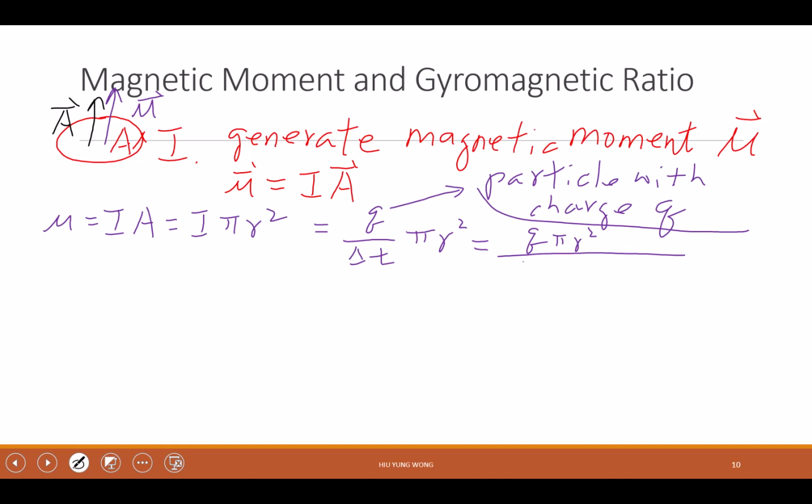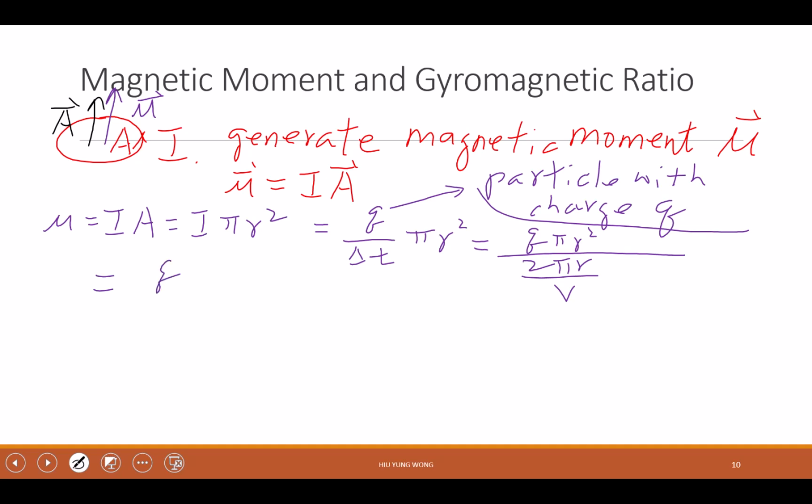So it's 2 pi r divided by v. Is that okay? This is delta t. 2 pi r is how far you travel, divided by your speed. Then that is your time, right? So as a result, pi is cancelled, r is cancelled.